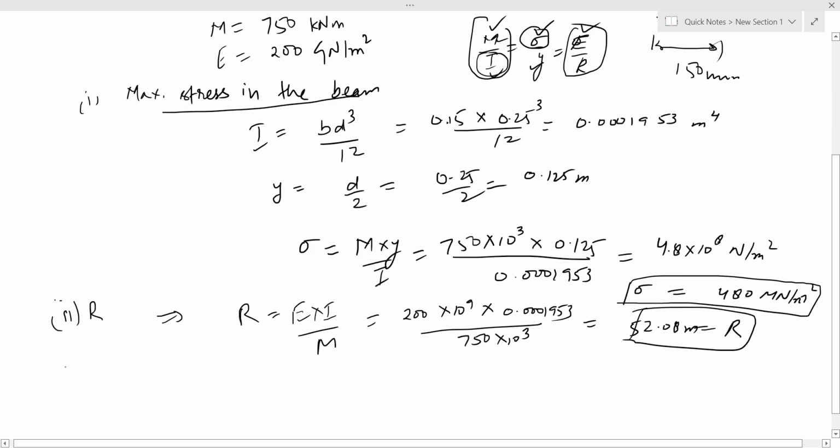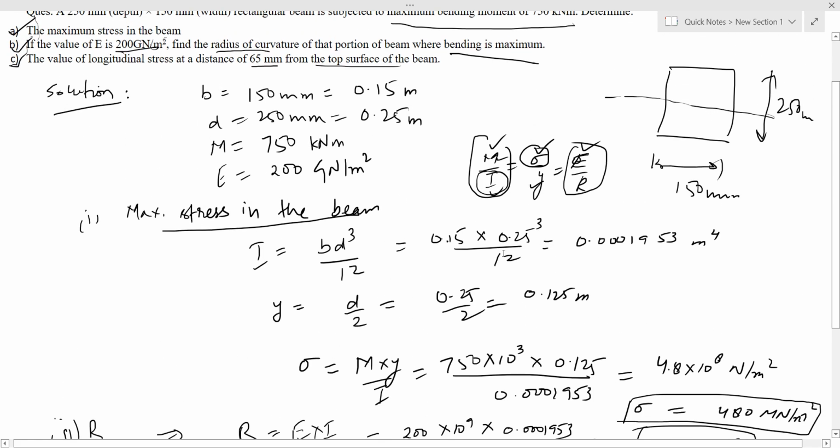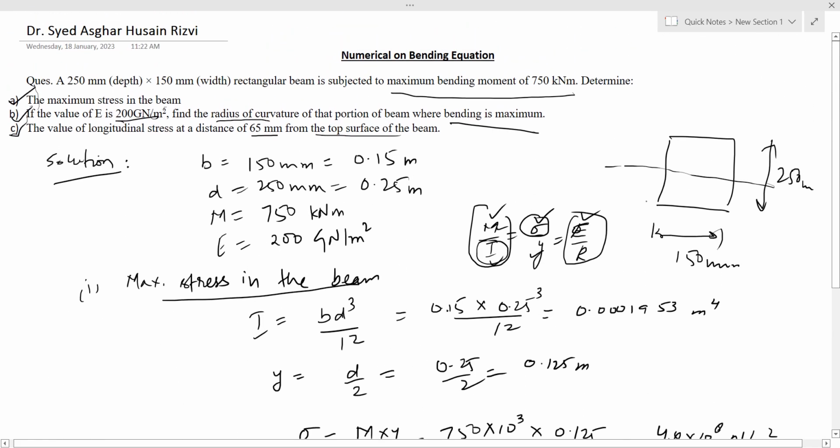Now we'll move on to the third part of our numerical, that is we have to find the longitudinal stress at a distance of 65 mm from the top of the beam. Here we have to find the value of sigma at this point. Let this be sigma x or sigma 1, anything you can assume.